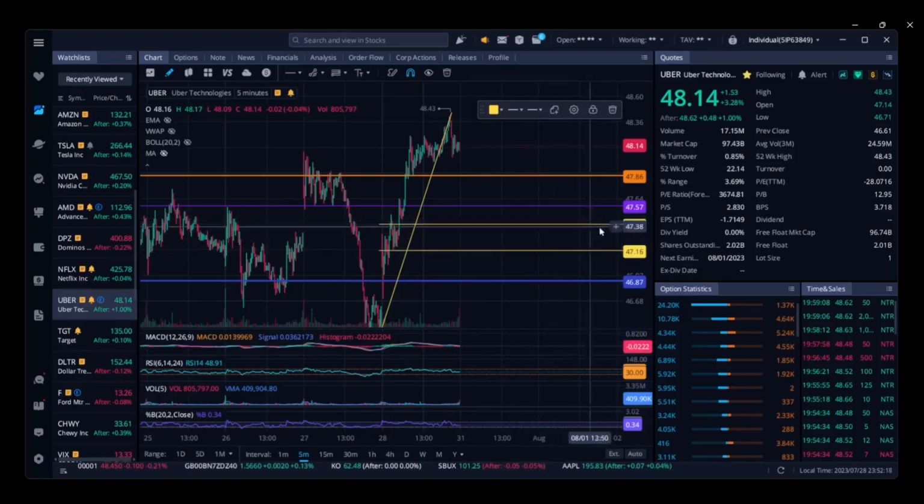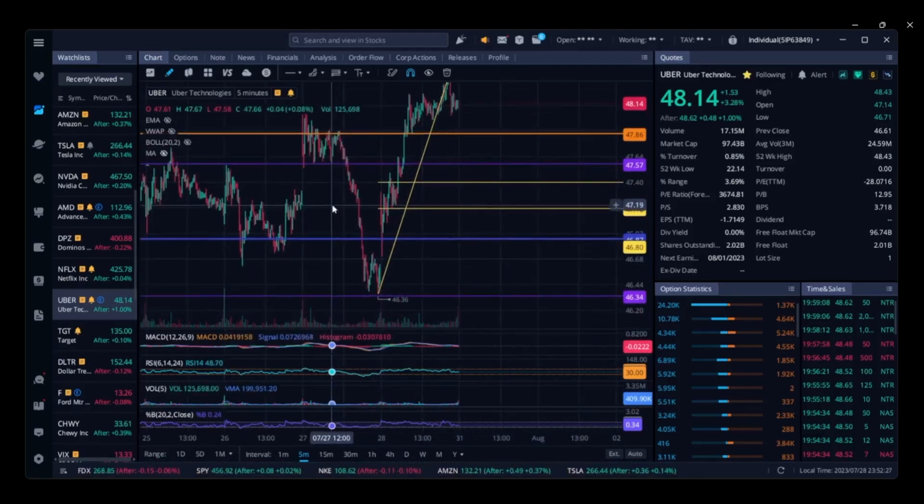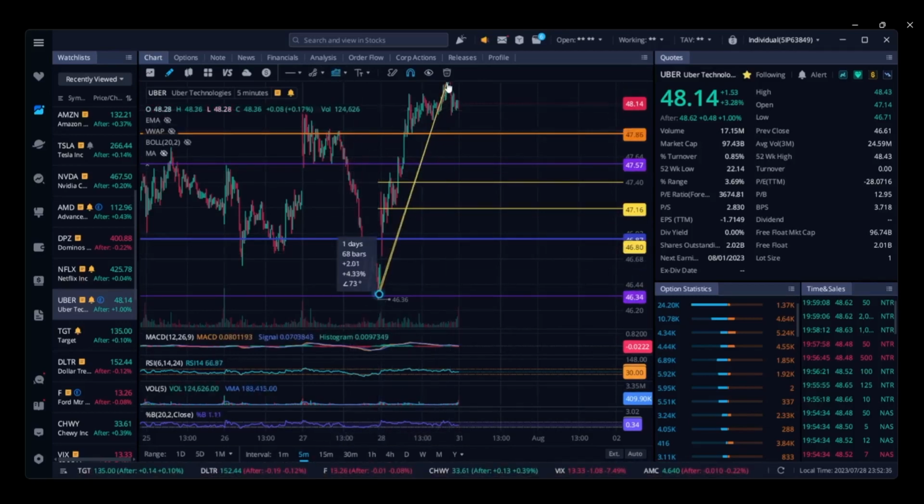And that purple is the hourly. So we'll be watching for price to pull back to that area. If we do see movement to the downside, that's what we're looking for. We're looking for price to move down to that area.